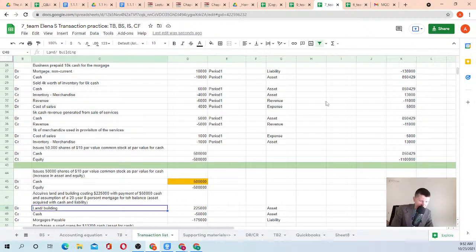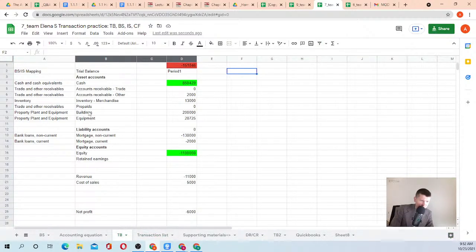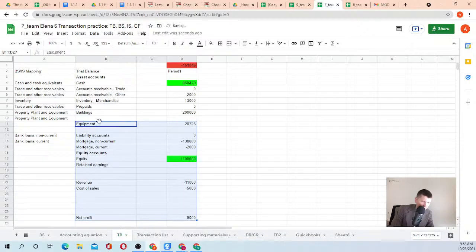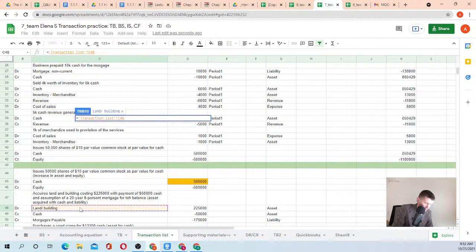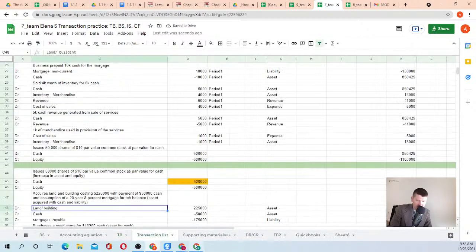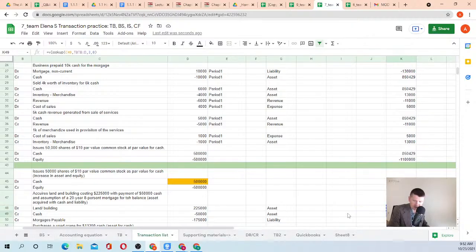So what do we do with that? We just go to our trial balance. Though we already have kind of a buildings here, we just move everything a bit lower. We add that account here. And we copy SUMIF function from here. And now if we go back to transaction list, we will see that we now have that account here.